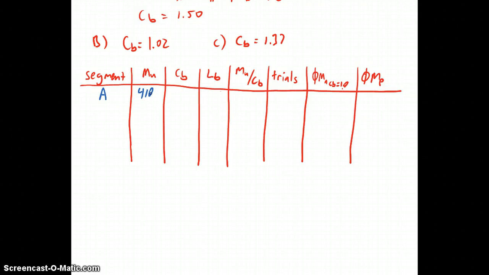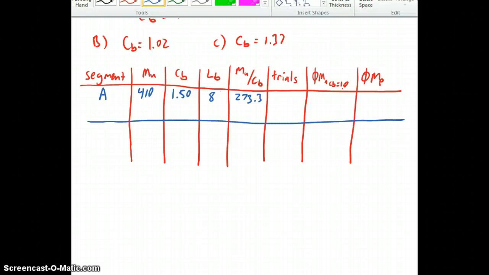Again, I'll leave off units to make it easier. We just calculated C sub B as 1.50. The unbraced length was given in the diagram of the original problem, 8 feet. MU over C sub B is going to be 273.3.